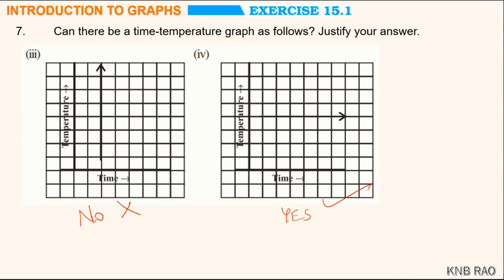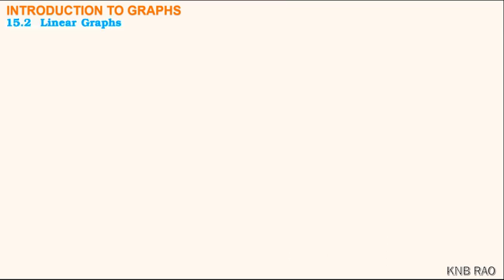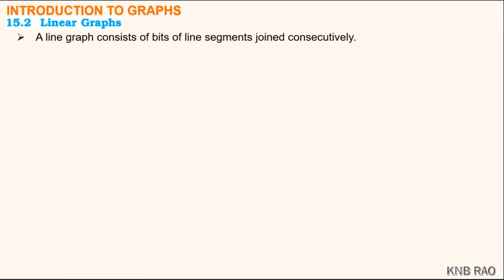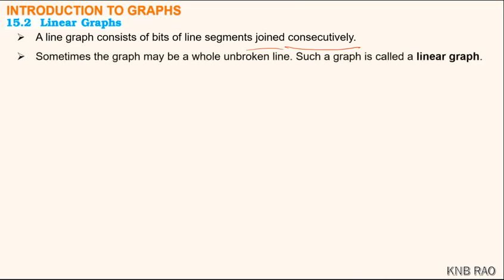Now we need to know something about linear graphs. Moving to the linear graph, a line graph consists of bits of line segments joined consecutively. We did just now, joining points, bits of points with the continuous lines. Then sometimes the graph may be a whole unbroken line. Such graph is called linear graph.